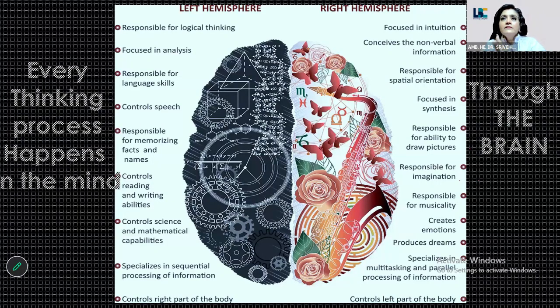If you ask about the right-dominant brain person, they will be more about thinking, imagination, drawing pictures with creativity, and creating emotion. They will have dreams and multitask. So this is how the brain works. There are two parts of the brain and every single thought process happens only here.